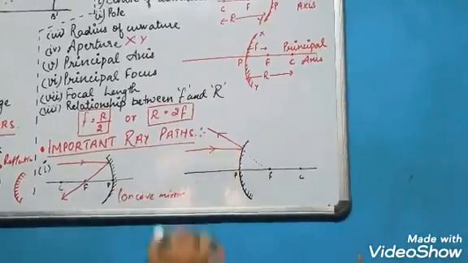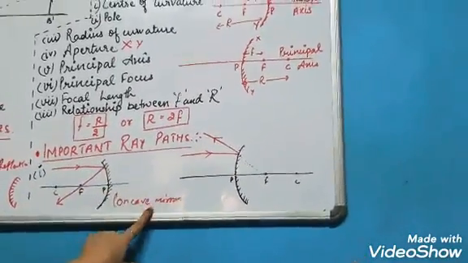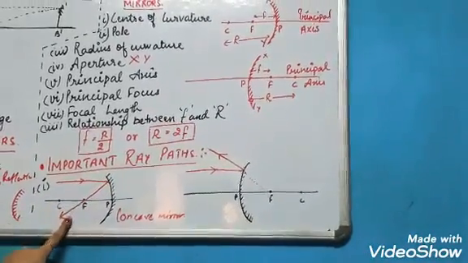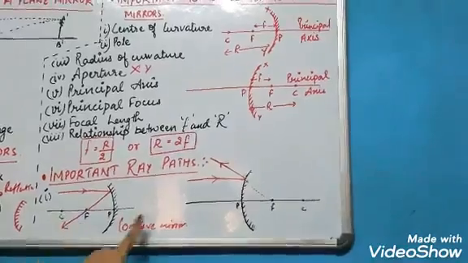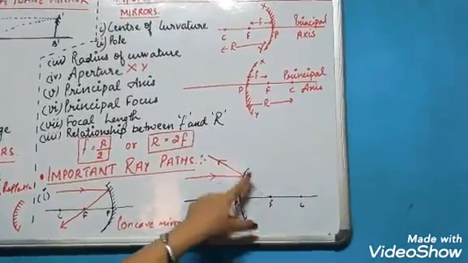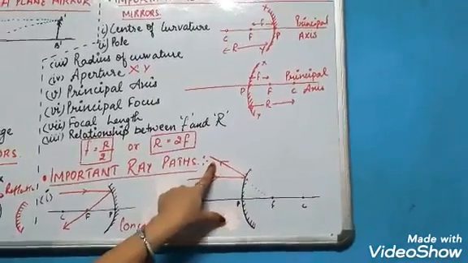Have you got how to make the ray diagrams? If the ray is coming parallel, in case of concave mirror, it will converge and pass from the focus. In case of convex mirror, it will appear to come from the focus, or it will appear to diverge from the focus.